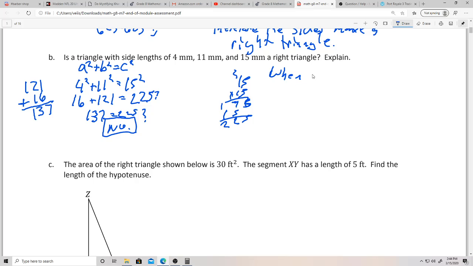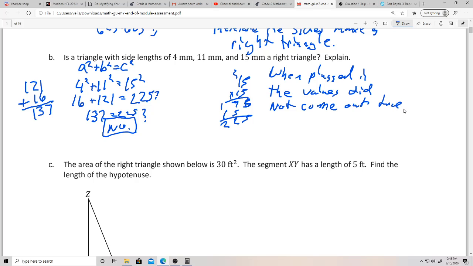When plugged in, the values did not come out true. Or you might want to say, oops, that is terrible.